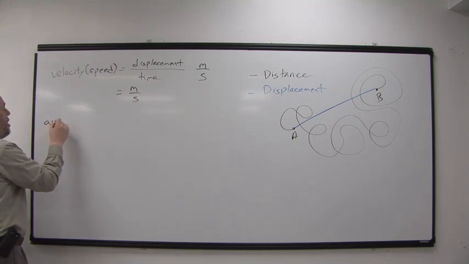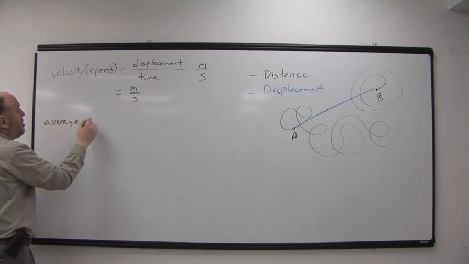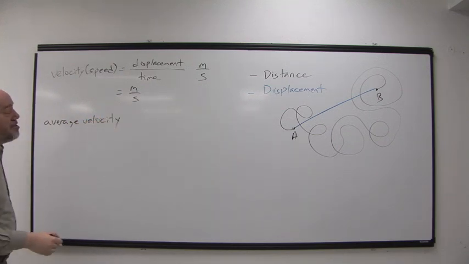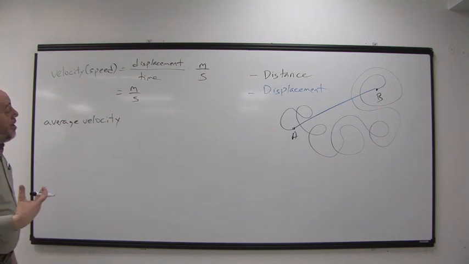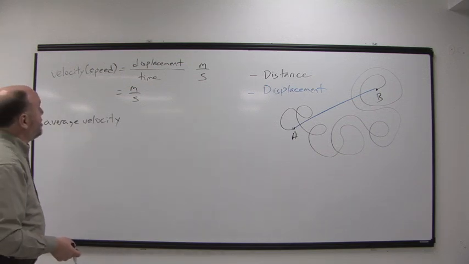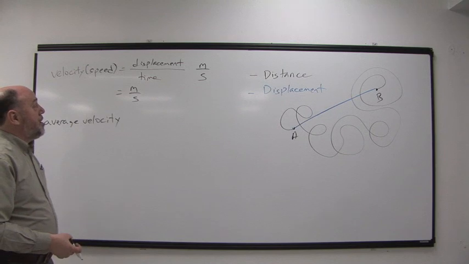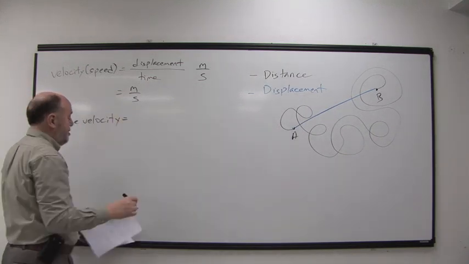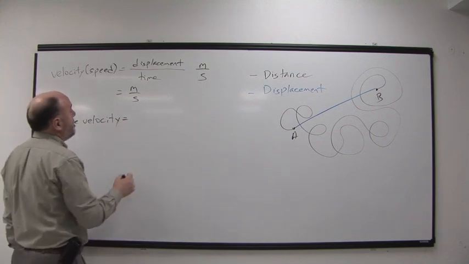And then average velocity. So if you think in terms of if you drove here to the Art Institute, you would have however many miles it was from your home to here, and the time frame it took you, and if you do that little division, you could get your average velocity. Sometimes on the trip you were going faster than that speed, and sometimes you were going slower than that speed.